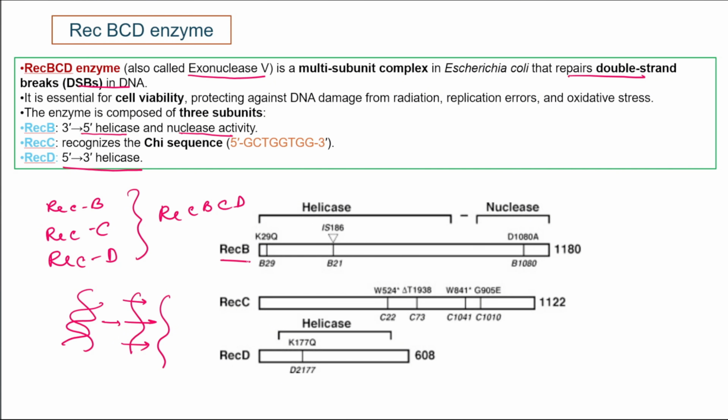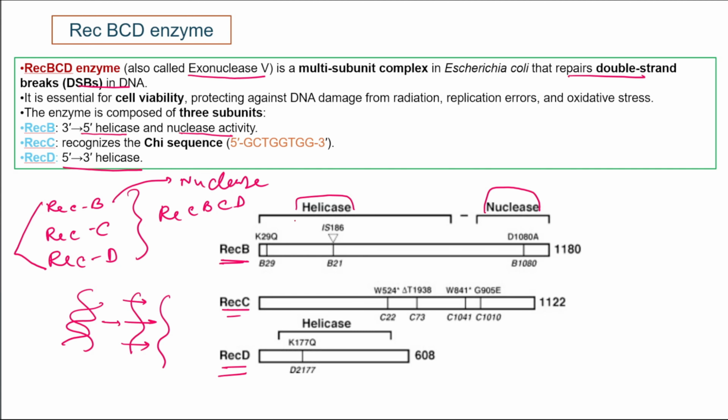So here is the RecB sequence, RecC sequence and RecD sequence. RecB has both helicase and nuclease activity, and RecD only has helicase activity. So RecB and RecD both have helicase activity, that means they both unwind DNA from a broken end, and RecB has the nuclease activity.